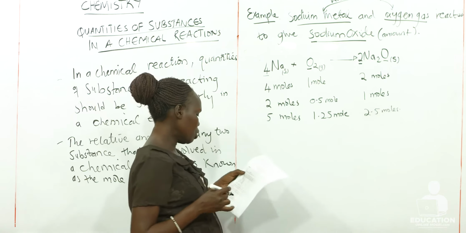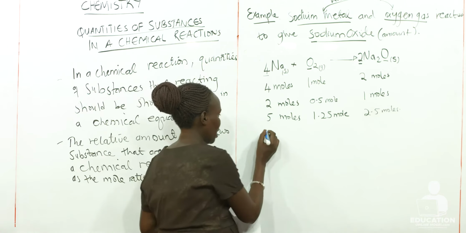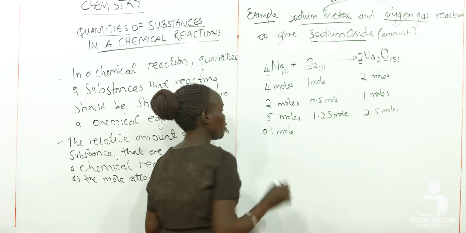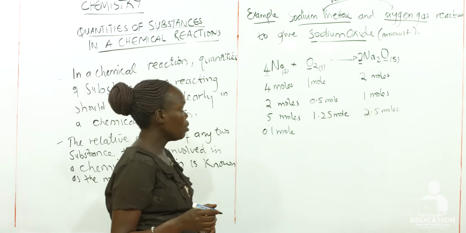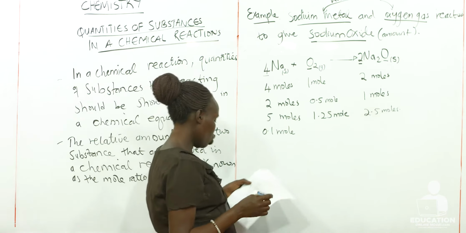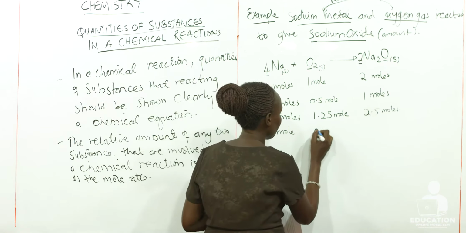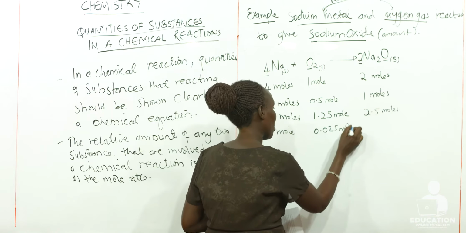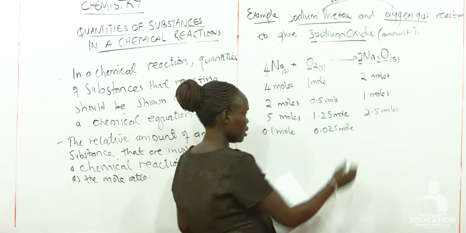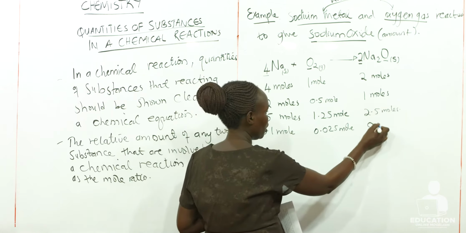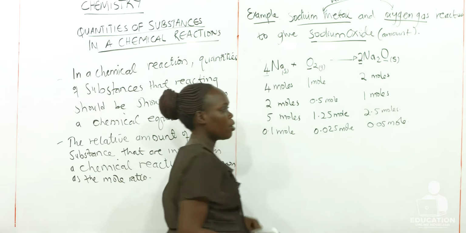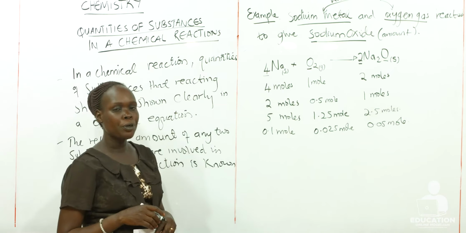So again, when you change the amount here, if you say 0.1 mole of the metal, which is sodium, it will give us 0.025 mole of oxygen. Again, this will be 0.05 moles of the product, which is sodium oxide.